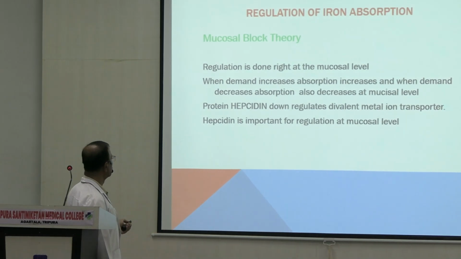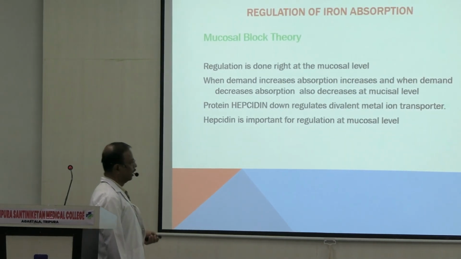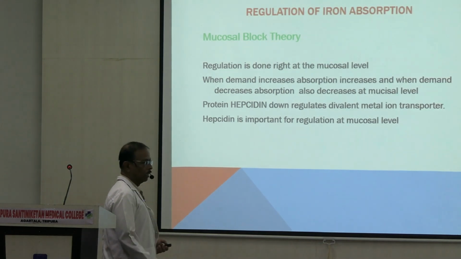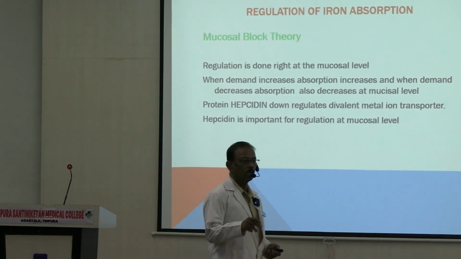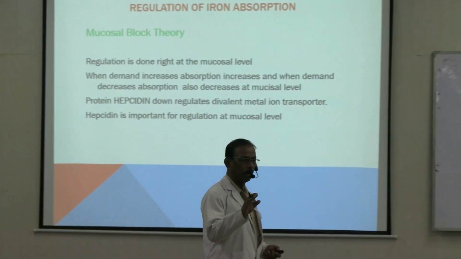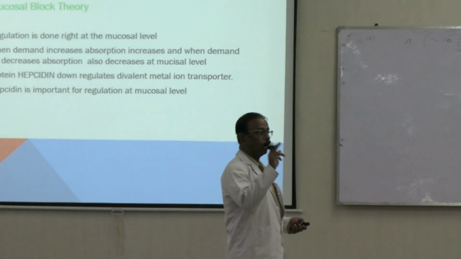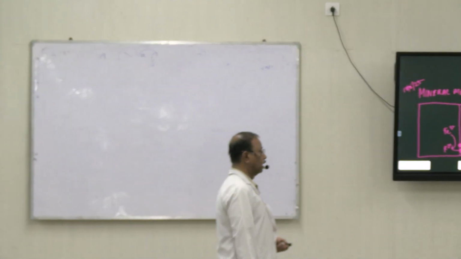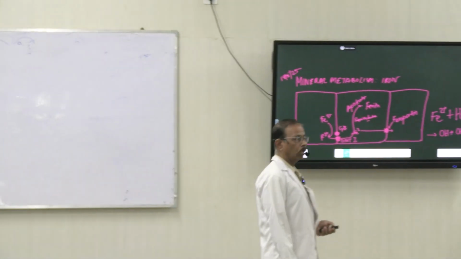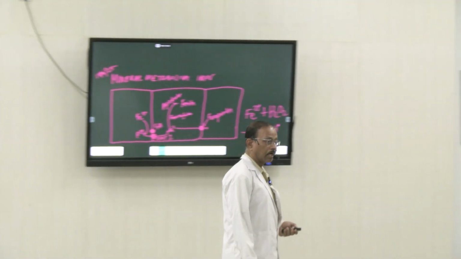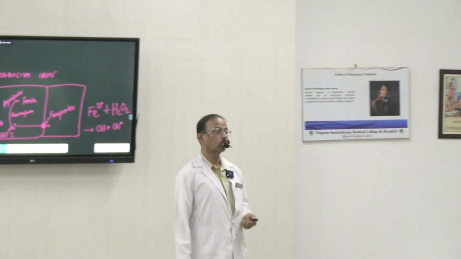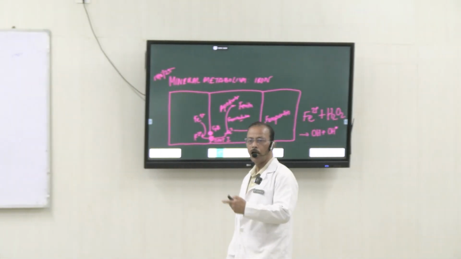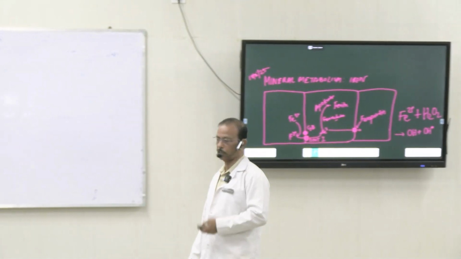Sorry, spelling mistake. Protein, hepcidin. Hepcidin, it is a protein synthesized from the liver. Okay. Now, hepcidin has a down regulatory effect on divalent metal transporter, both 1 and 2, means at the entry also and at the exit also in the enterocyte.